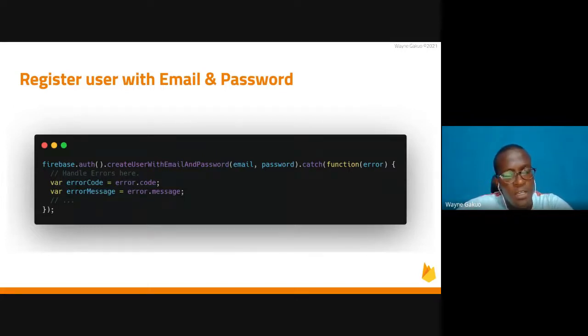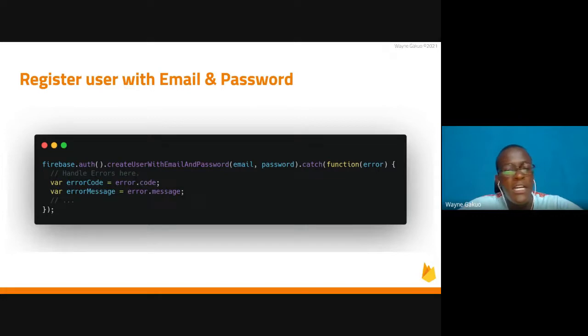Again, as I mentioned, it's usually simple and plain English. As you can see over here, we have an instance of Firebase, in which we call the method auth. Inside this auth, we also have other methods, which are for creating the user with email and password. These usually come out of the box in Firebase, and you don't need to create any methods or functions to help you do this.